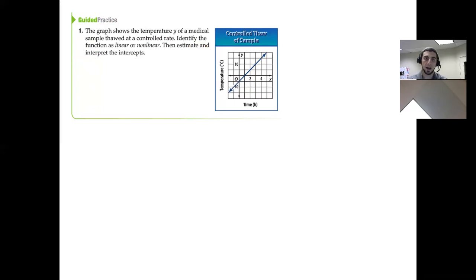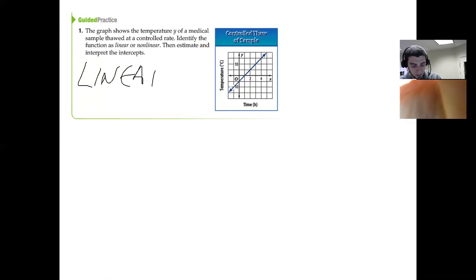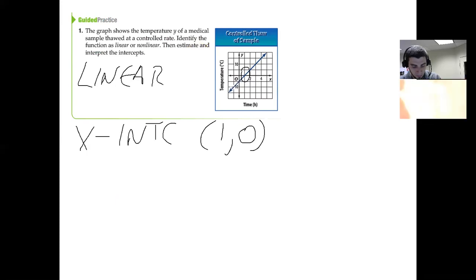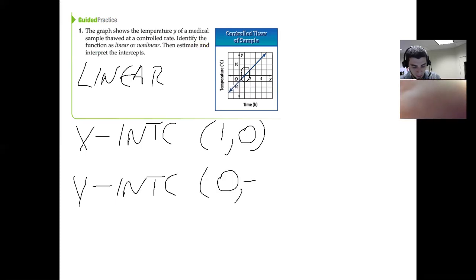All right, we're back. So is the function linear or nonlinear? It is linear because it's a line. Okay, the x-intercept is right here. That's at (1, 0). And the y-intercept is at (0, -5), which is right here.